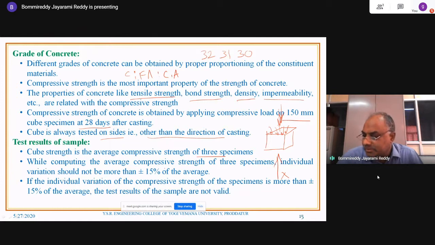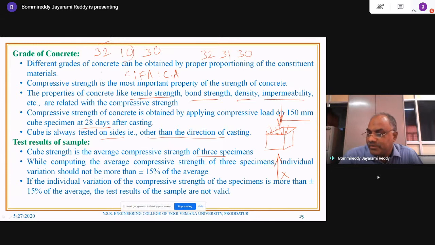But if the values are one 32, another 10, and one more 30, we cannot call it the average compressive strength. The 32 is all right and the 30 is all right, because these two cubes give appropriately good strength, whereas 10 is very low.